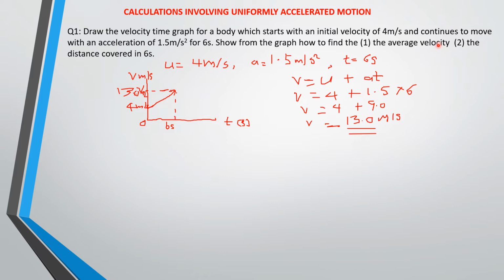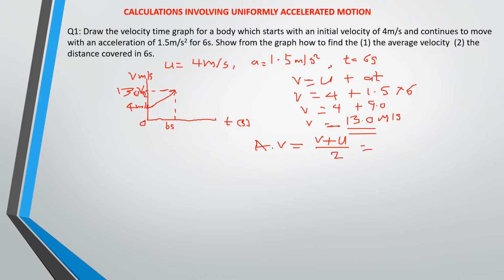For us to get the average velocity for this particular motion, we're going to use the equation that we had before. We are told that average velocity is equal to what? Initial velocity plus final velocity, that is v2 plus u, all over 2.